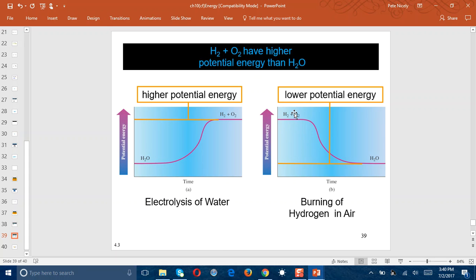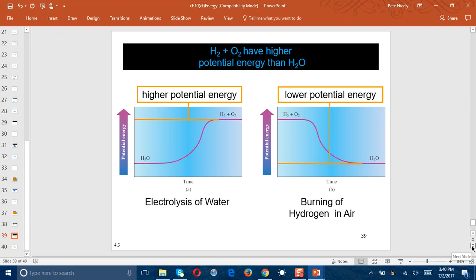So as you can see here, the energy of the hydrogen and oxygen is higher compared to the energy of the water, which is low. In both cases, you'll see that the hydrogen and oxygen have a higher potential energy compared to water. So water is more stable compared to the individual elements that make up water.